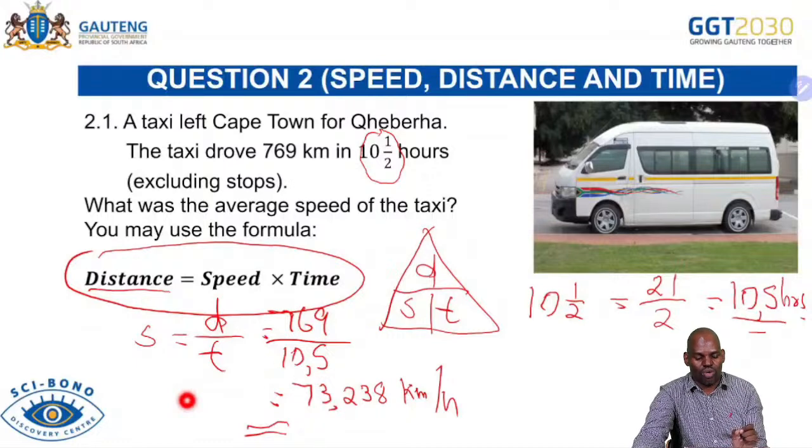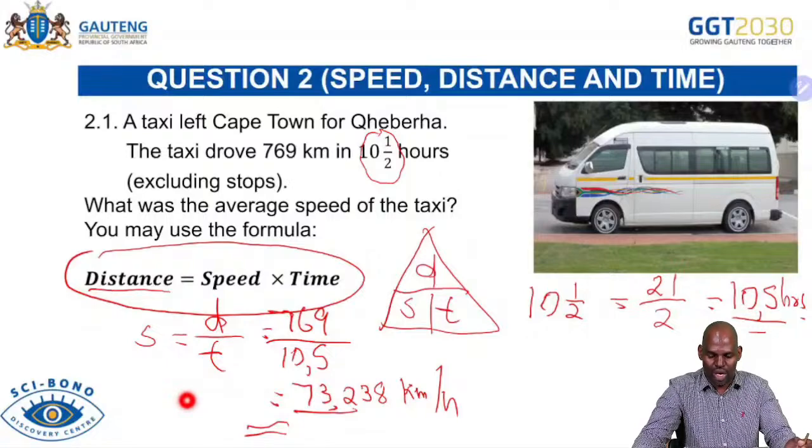If you round it off to the nearest whole number, that will be 73. If you round it off to one decimal place, it's going to be 73.2. If you round it off to two decimal places, it's going to be 73.24. So we need to know the rounding as well. So that was the question about speed, distance, and time.